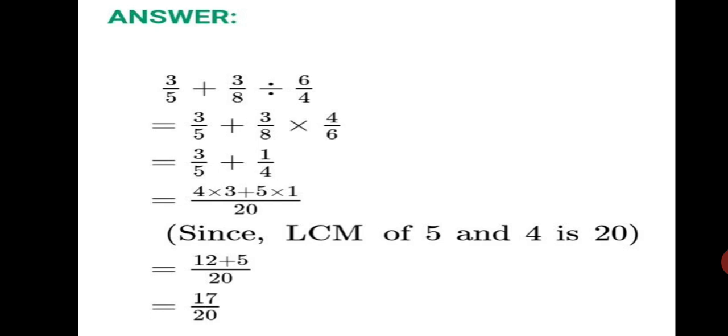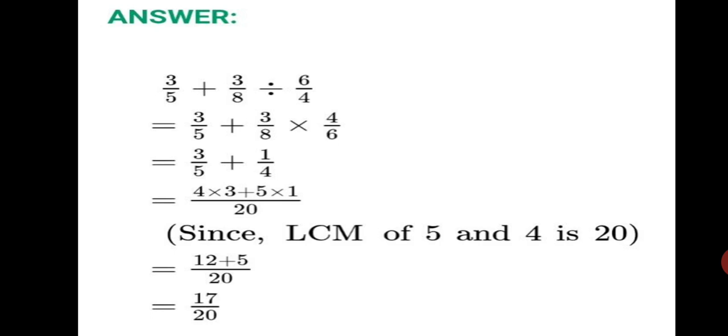That's how you get the second step, 3 upon 5 plus 1 upon 4. So here reduction is not shown but you have to reduce it. You can show it in your steps if you want. Now we have to equalize the denominator so that we can add the given fractions. So LCM is 20. 5 fours are 20.